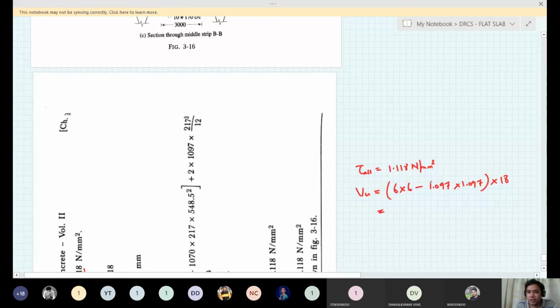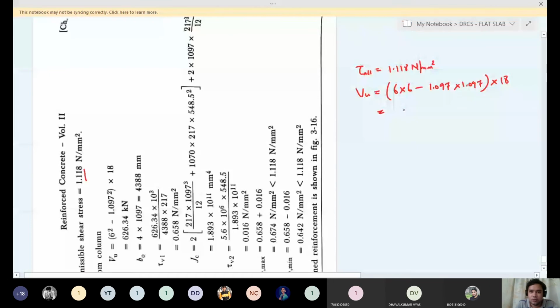So you will get the shear, which is 626.34 kilonewton. This is your punching shear.